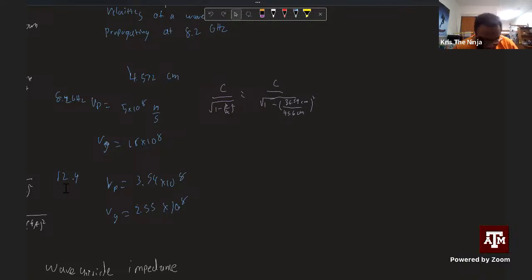Okay, square that value. Oh wait, hold on. No. Square that value. Then 1 minus this. Then square root that value. And then do the speed of light.